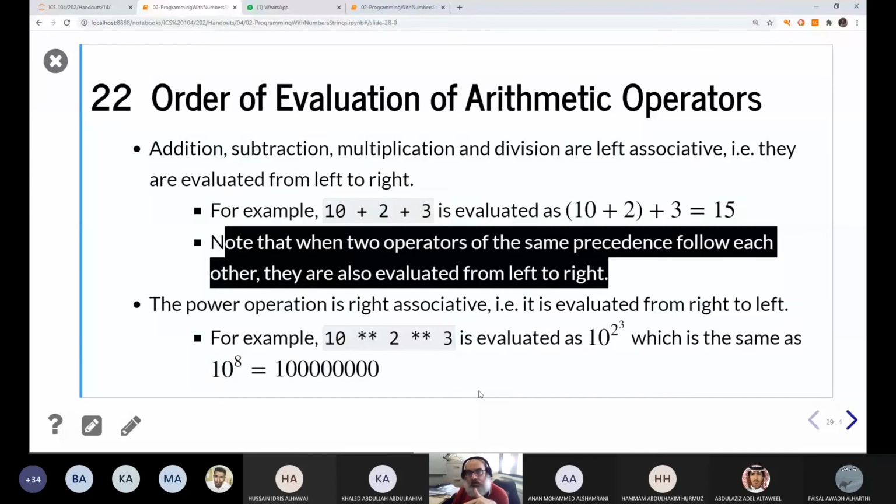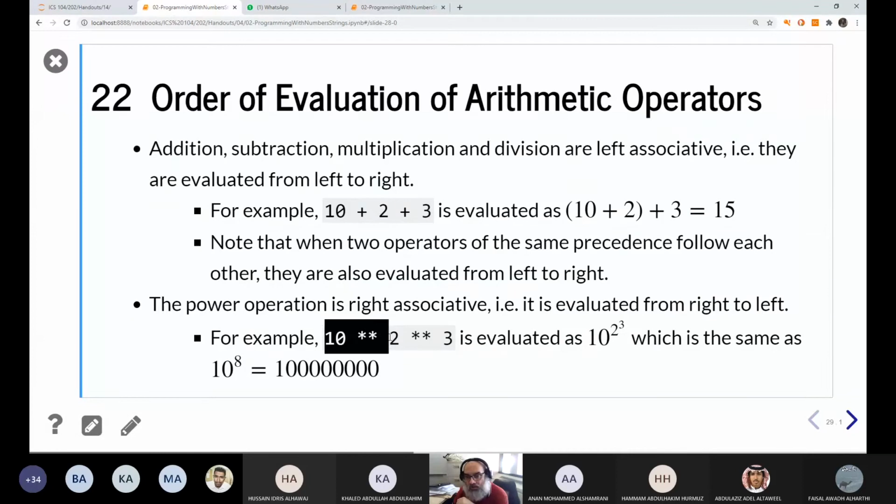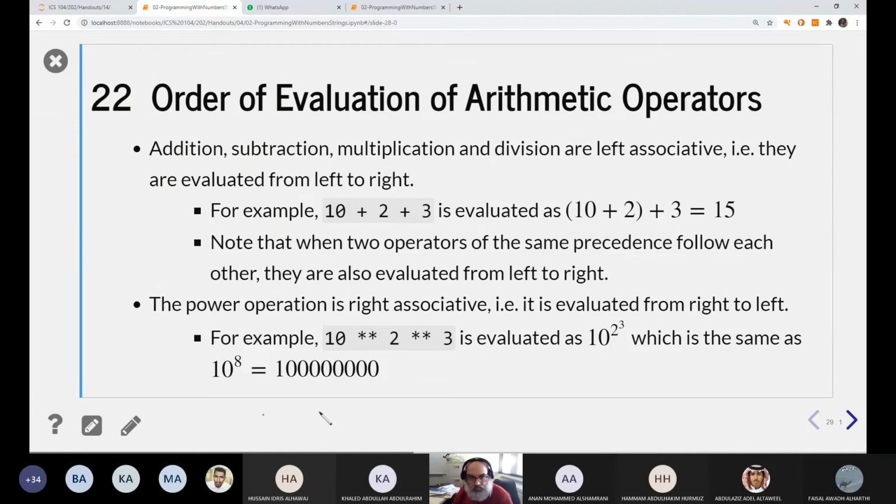The power operator is right associative, so it is evaluated from right to left. So 10 to the power 2 to the power 3: if I want to put parentheses, where should I put them?